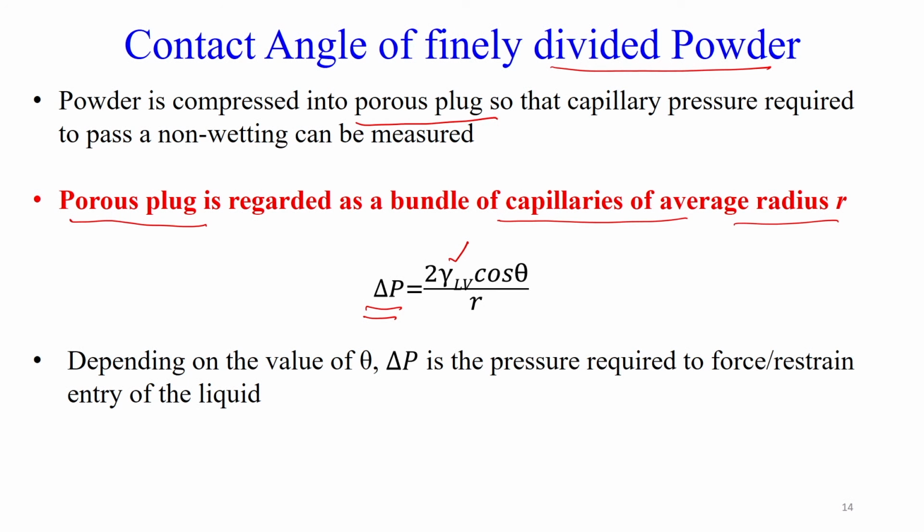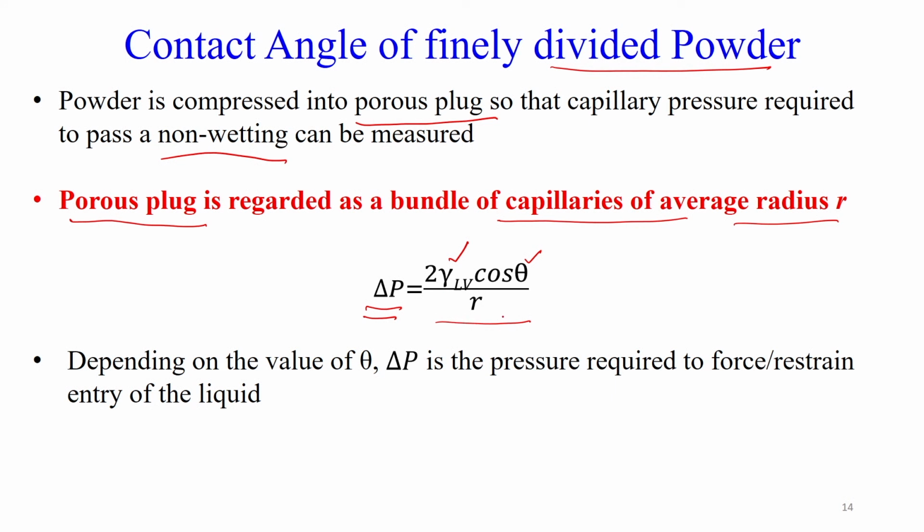So, we are considering n number of capillaries through which we are passing the non-wetting liquid. The non-wetting liquid is passing through n capillaries of radius r, and using the Young's Laplace equation you should find the value of delta P. We can measure cos theta experimentally, and we know gamma LV, the liquid vapor interfacial tension, of the liquid, wetting or non-wetting, that we are passing through.